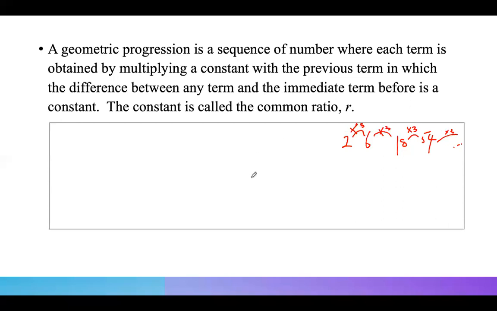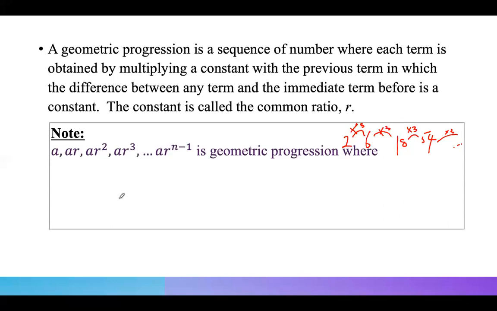All right, so let's see next. So A is the first term, AR is the second term, AR² is the third term, AR³ is the fourth term, and ARⁿ⁻¹ is the nth term, right?